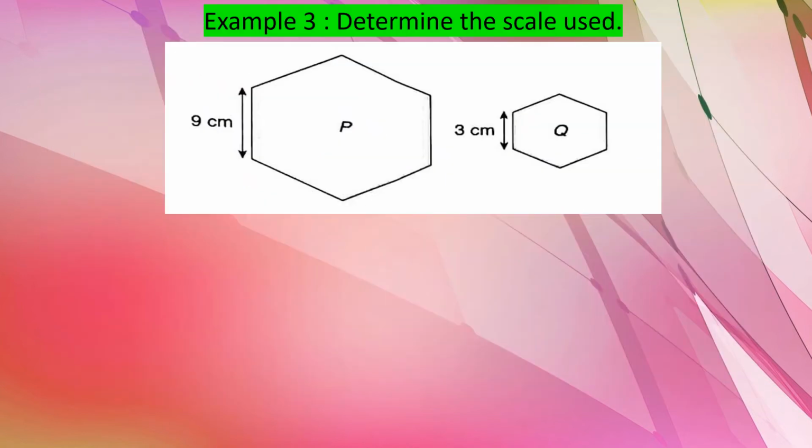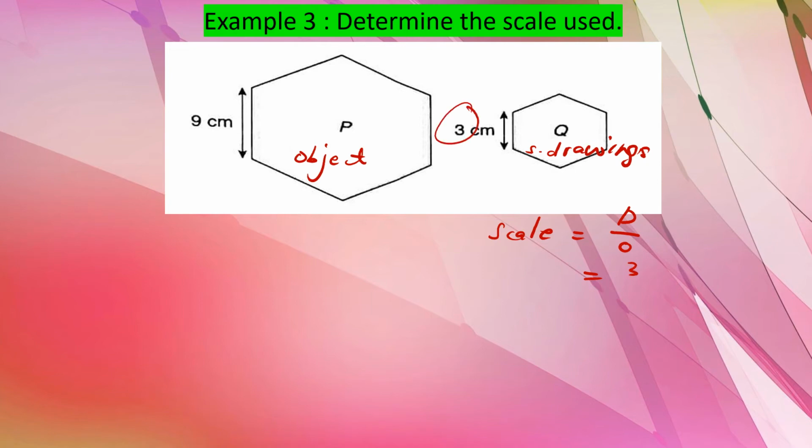Example 3, determine the scale used. Sorry, I forgot to write the object and the scale drawing. So this is the object and this is the scale drawing. Let's write the formula. Scale is drawing over object. So the drawing here is 3. Just take any length of side, but for the object you must take the corresponding side.